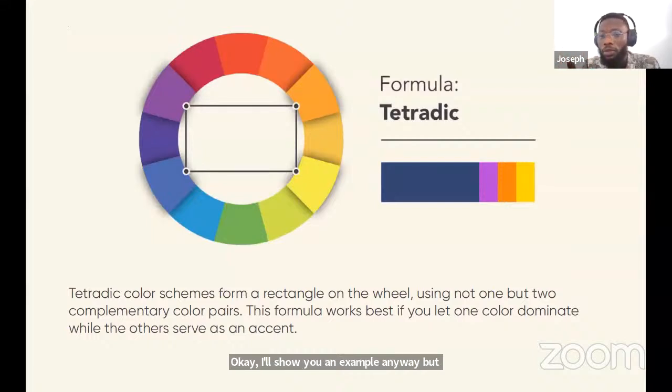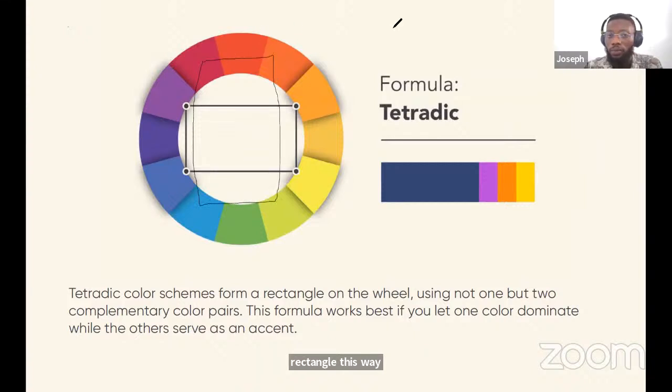Okay, so any 4 color, you can always turn the rectangle this way. You can always turn it this way to still give you a tetradic. You can also turn it this way to still give you a tetradic formula.